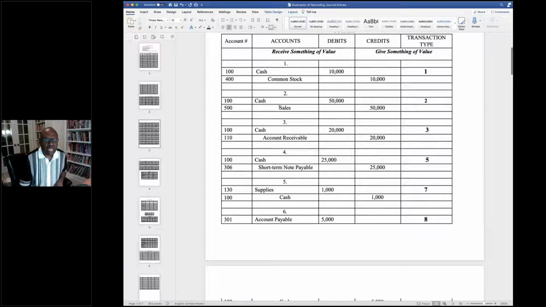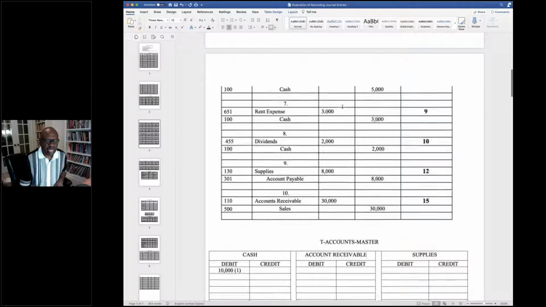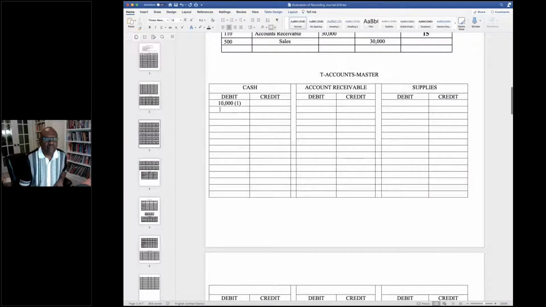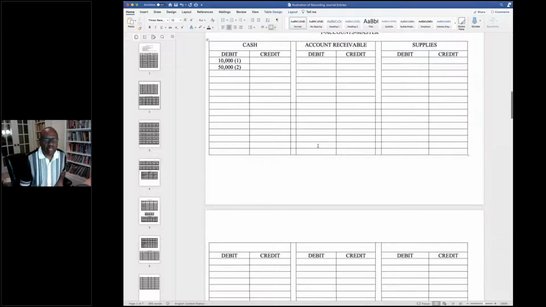Our second transaction was a cash sale. We debited cash and credited sales. And so what we're going to do, we're going to go to the cash account. We're going to debit cash for $50,000. And we're going to index this as 2, so we know that we've now posted the debit side of journal entry 2.